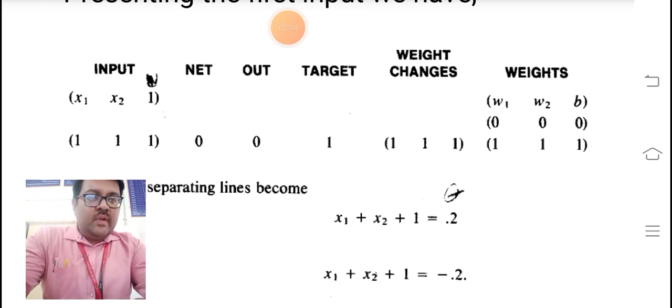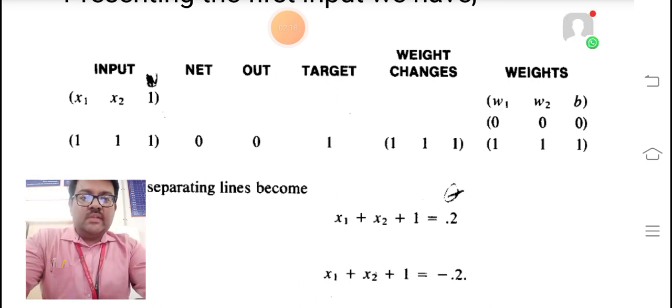Then you need to update w1 using the formula of w1 of new, then update w2 using the formula of w2 of new, and then update the bias b of new. This is the first procedure.